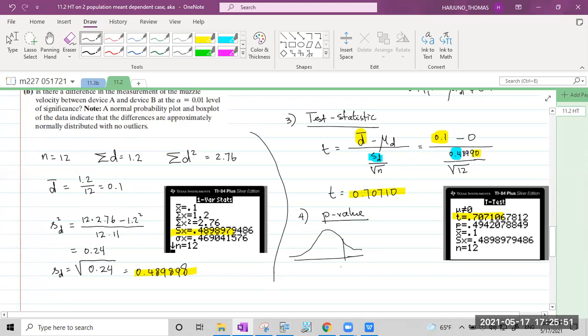This is 0.70710, and I will double it later on because it's two-tail.